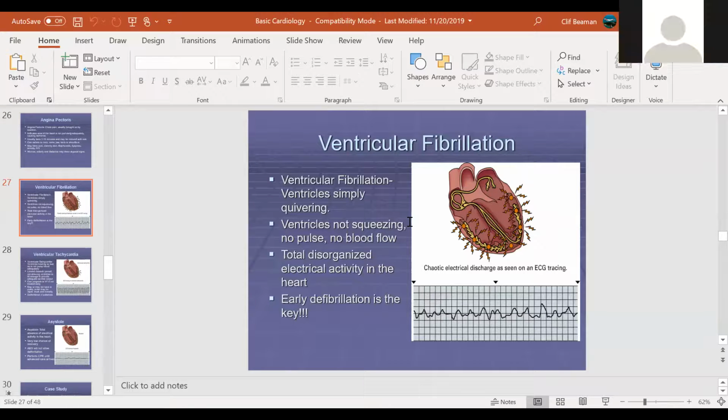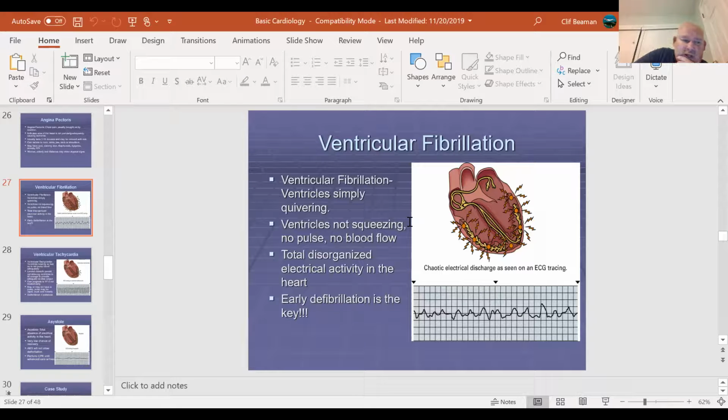It's shivering, like it's not adequately pumping. The heart is basically quivering, so there's no pumping process going on. The electrical activity is going crazy. Electricity is just flowing all over the place, but it's not organized.